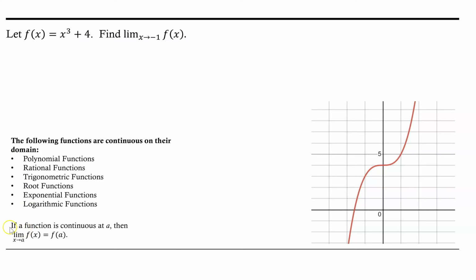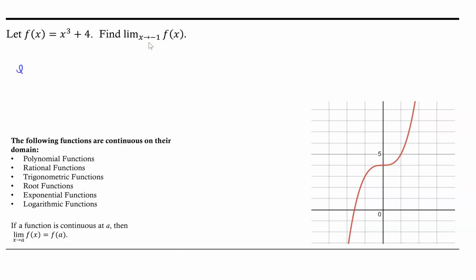And we also know that if a function is continuous at a, then the limit as x approaches a of that function equals f of a. So what we want to do here is find the limit of this function f of x as x approaches -1.